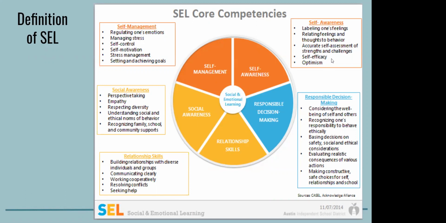They cannot keep themselves working: self-motivation, self-control, stress management. Setting and achieving goals, time management during this digital learning phase was probably a struggle for a lot of students. So this is breaking it down so that when we talk about it, you'll see how the ideas go into each different thing.